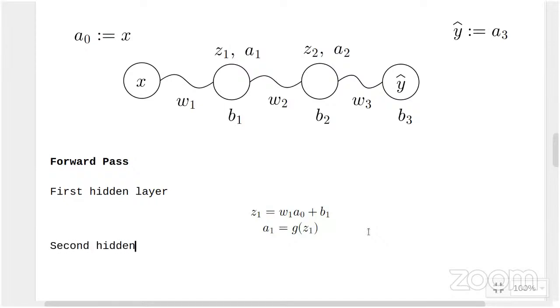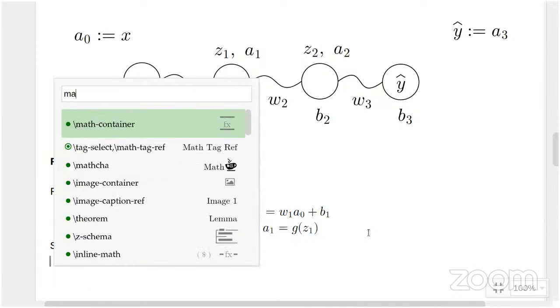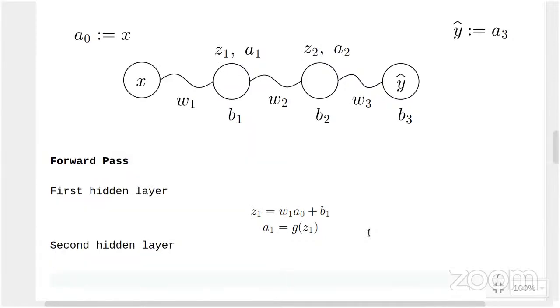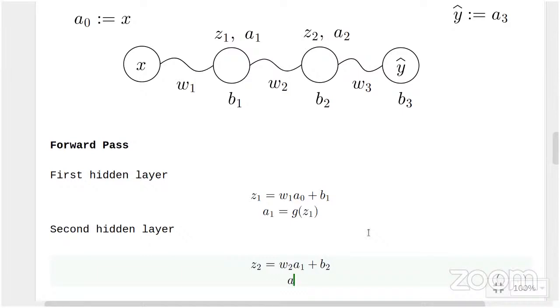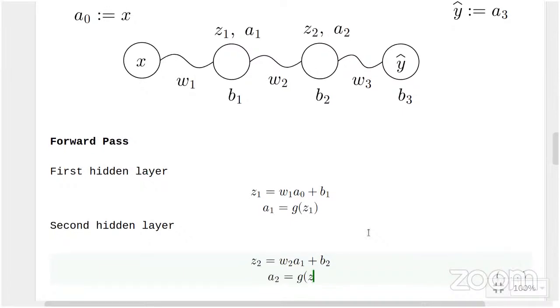We can now just repeat this. Z2 equals W2 A1 plus B2, and A2 equals G of Z2.